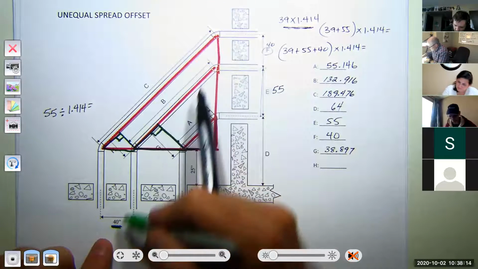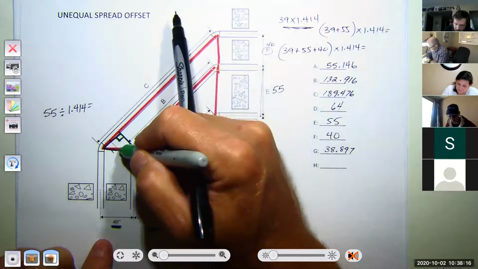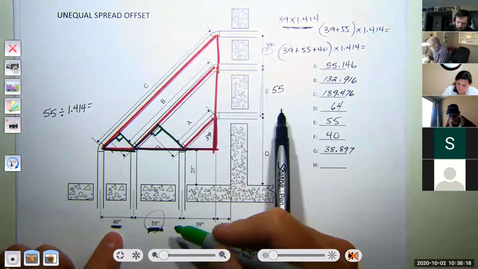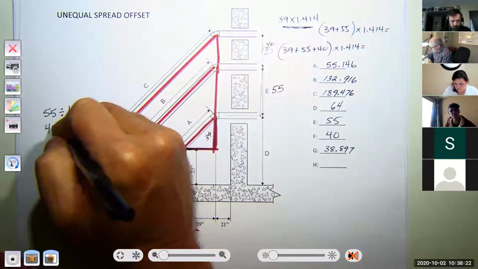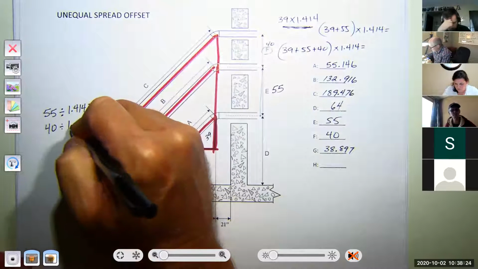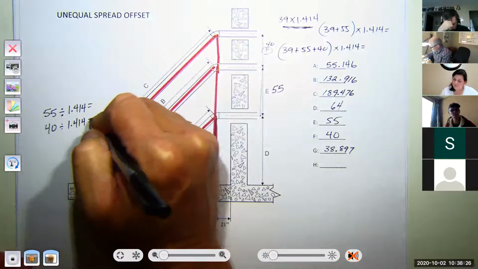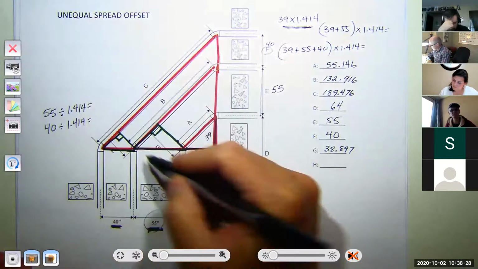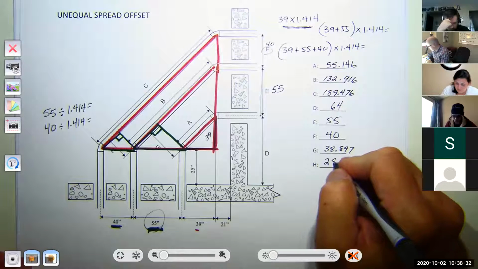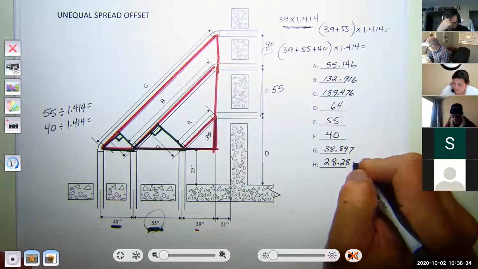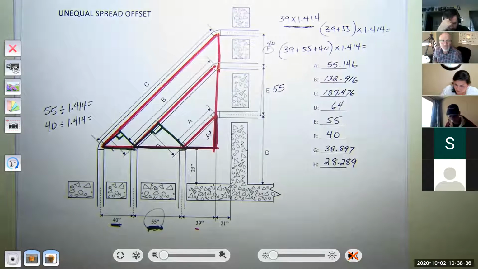So we know the travel on this right angle triangle is 40. And we can get the rise on that by going 40 divided by 1.414. And that is H. That is the spread, which is 28.289.